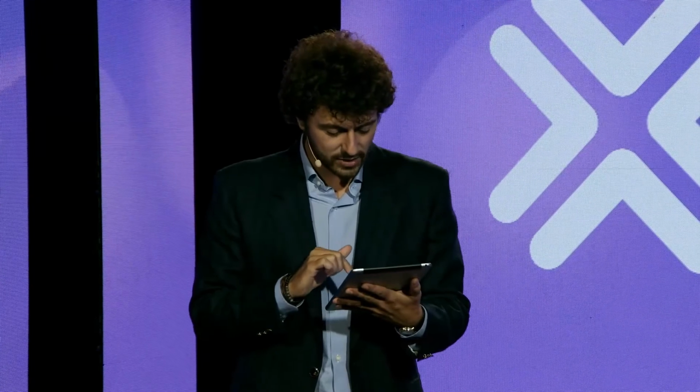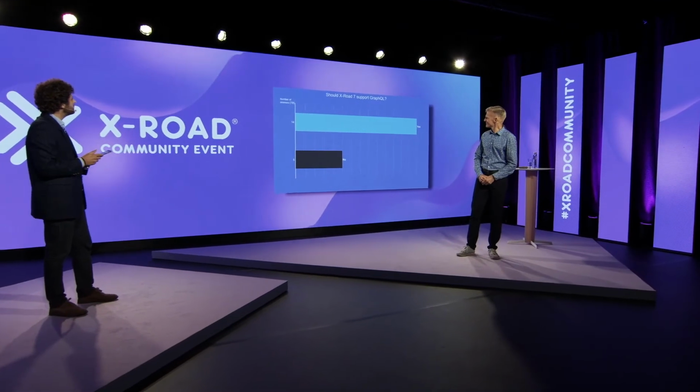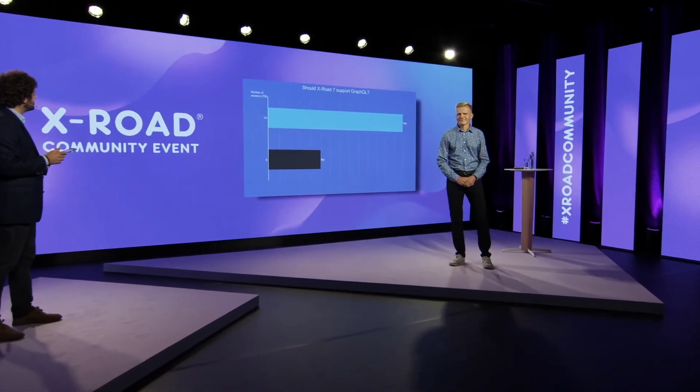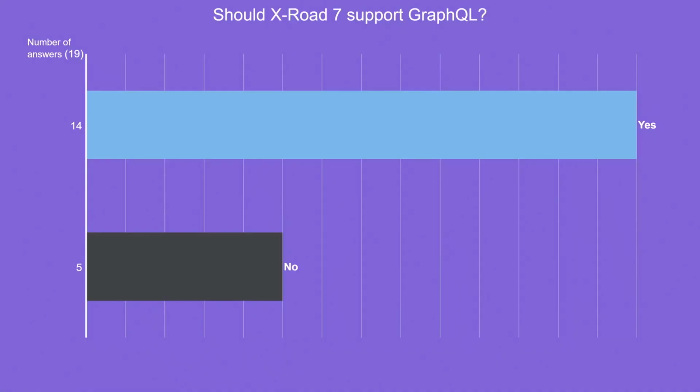So let's talk about the poll. Let's see what the answers were. I'm going to check the results now, and they are on the screen right behind you. Should X-Road 7 support GraphQL? We had about 19 answers, a good turnout. And well, an overwhelming majority says yes.